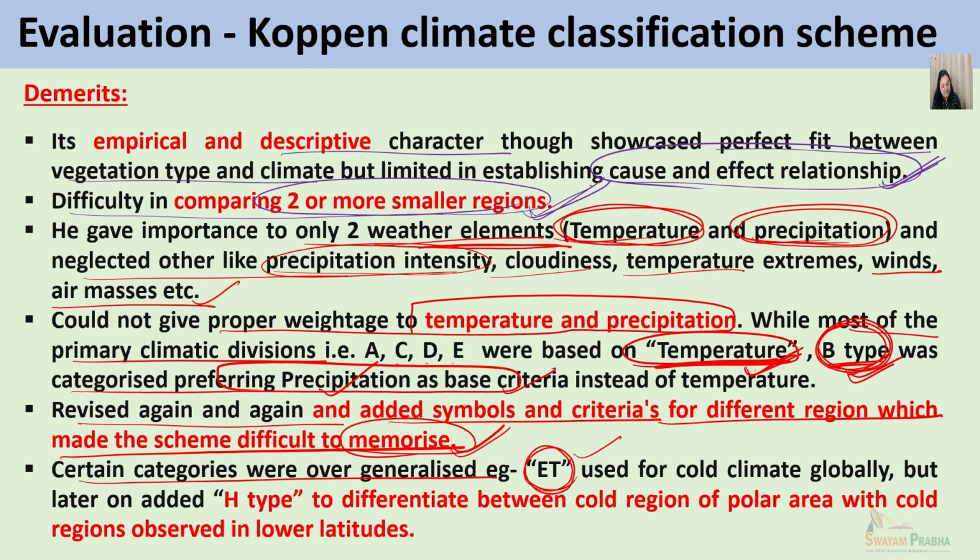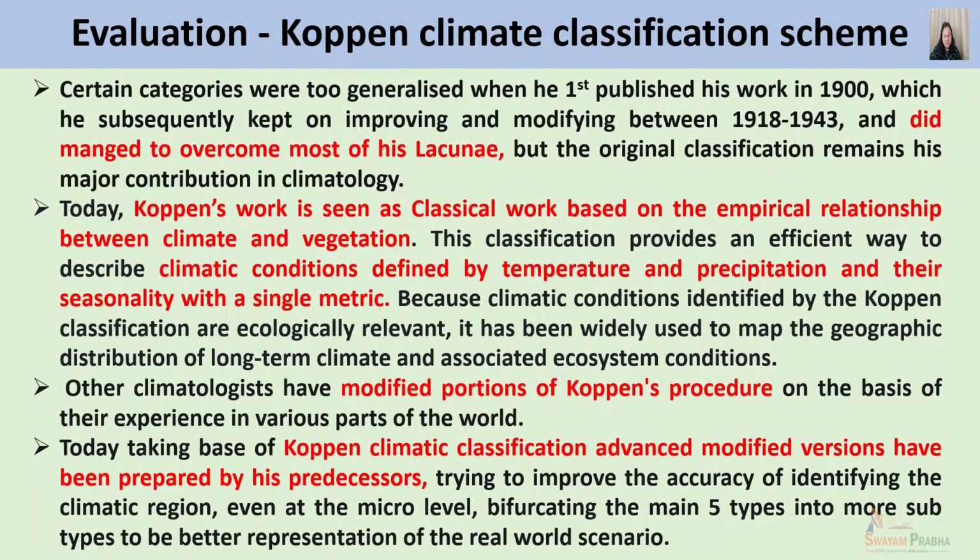But it was only later on that the H category was added to differentiate between cold regions of the polar areas and cold regions other than the polar areas, specifically in the lower latitudes. So there were problems in this particular aspect also. So certain categories were too generalized when Koppen published his first work in the 1900s.